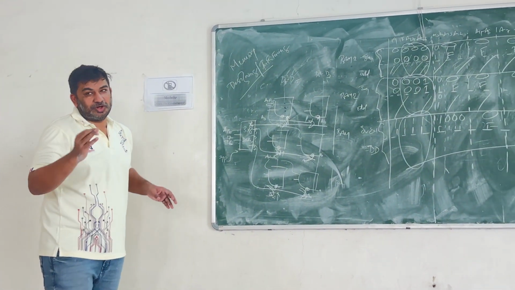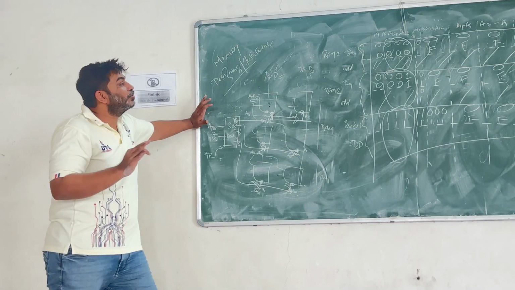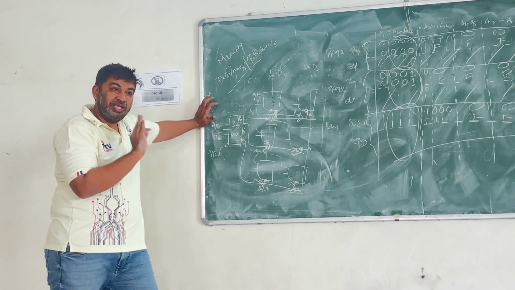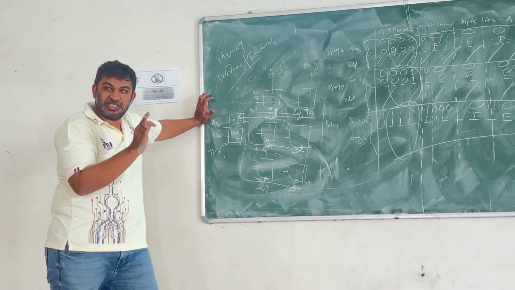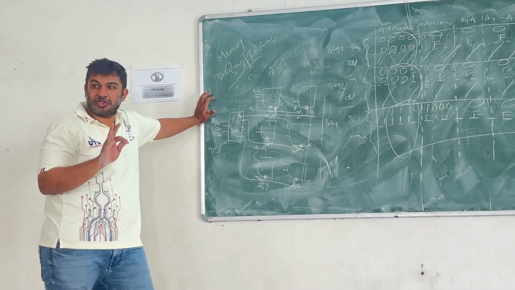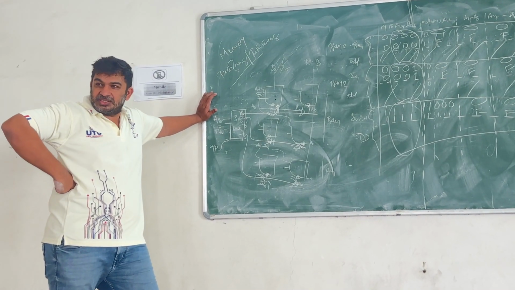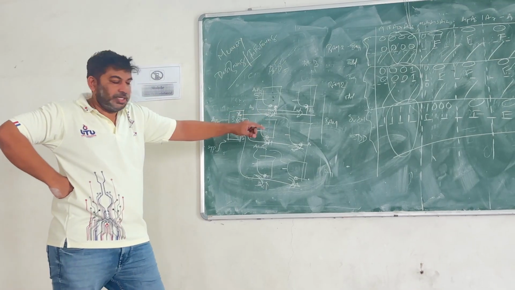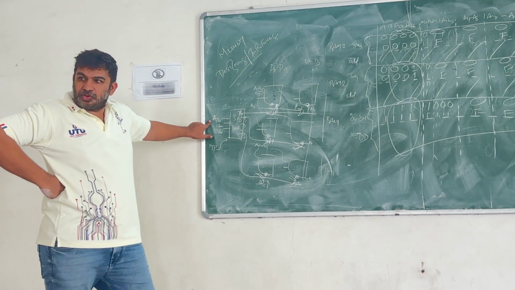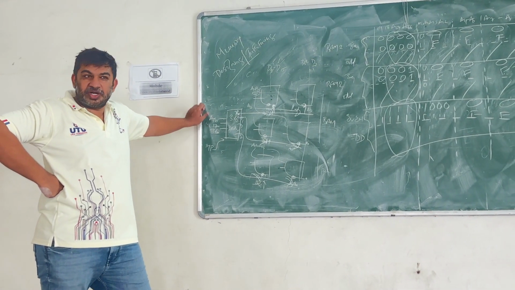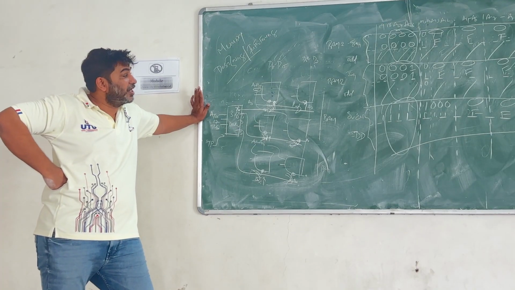As I said, until all lines A0 to A19 go to all chips, your diagram is not complete. A0 to A15 is done in RAM, and 16, 17, 18 are used over here, so they are also done. What about A19? It is not yet utilized.